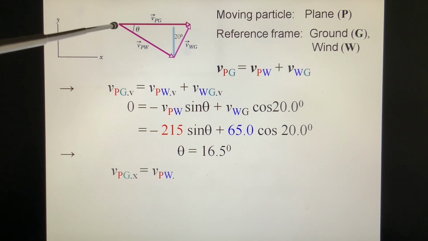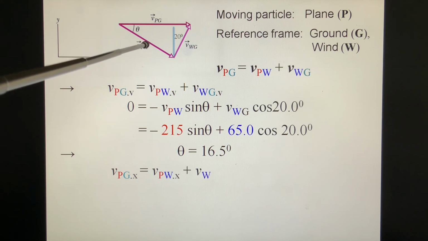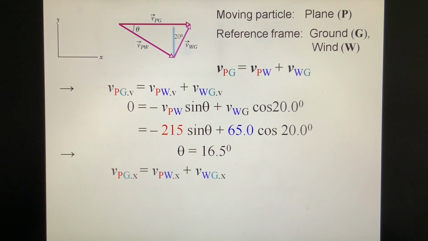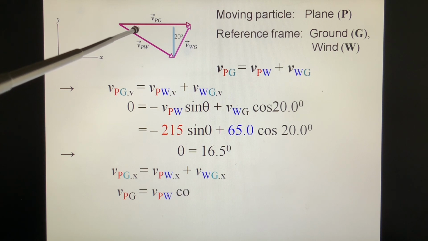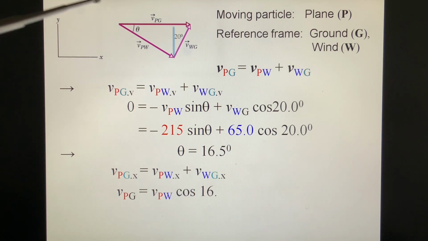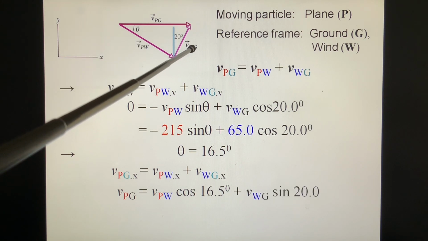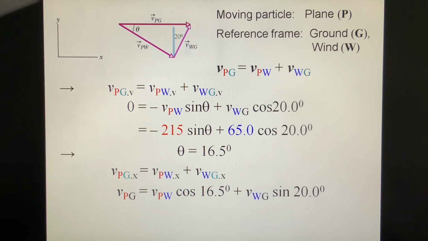VPG x equals VPW x plus VWG x. VPW x equals VPW cosine theta, with theta equal to 16.5 degrees, plus VWG sine 20 degrees. So we can find this one because we know both of them.